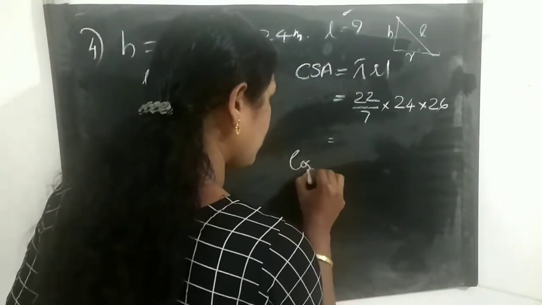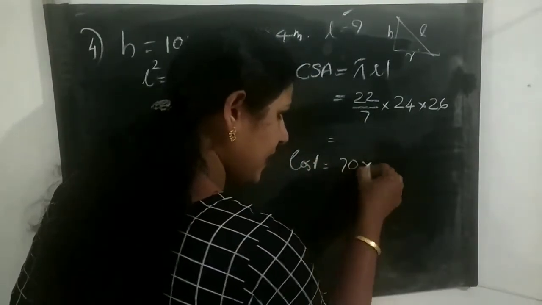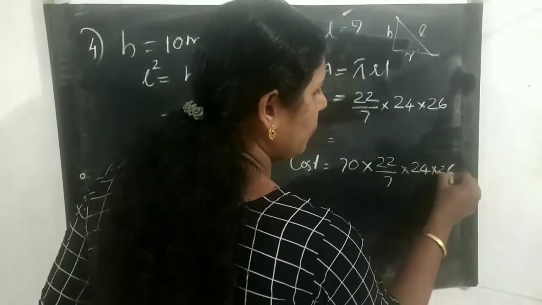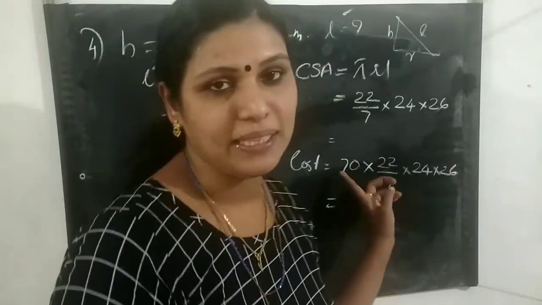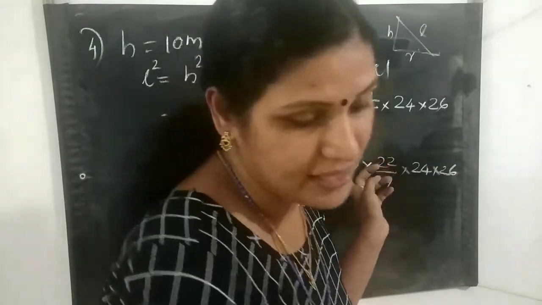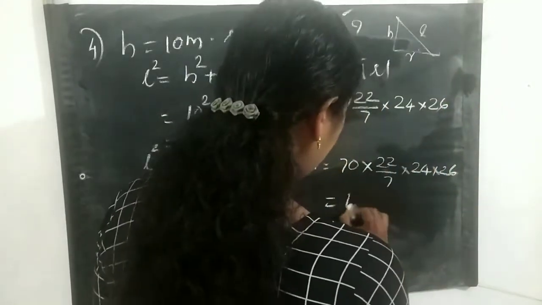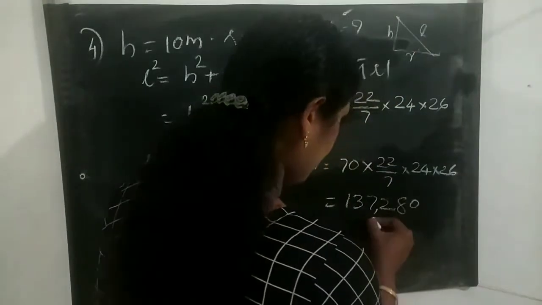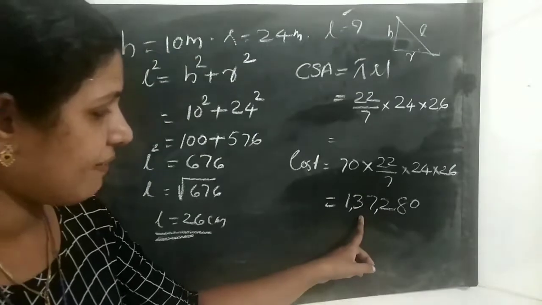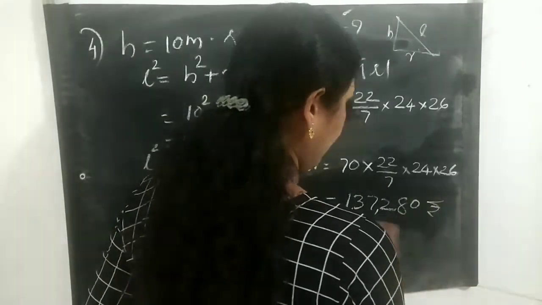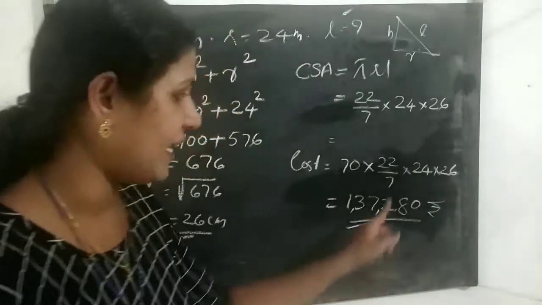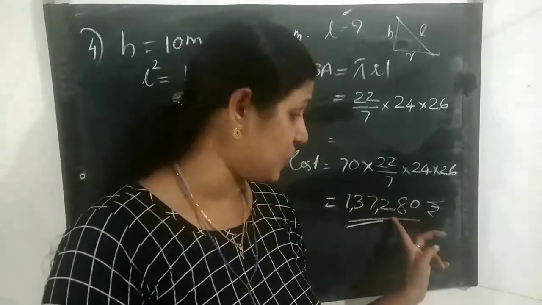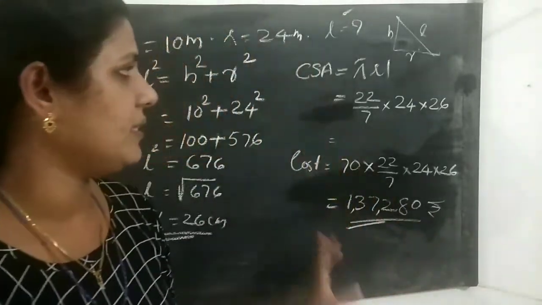The cost equal to 70 into 22 by 7 into 24 into 26. Then you get the answer as 1,37,280. It's a very big one, so be careful to multiply and divide. So this is the answer.